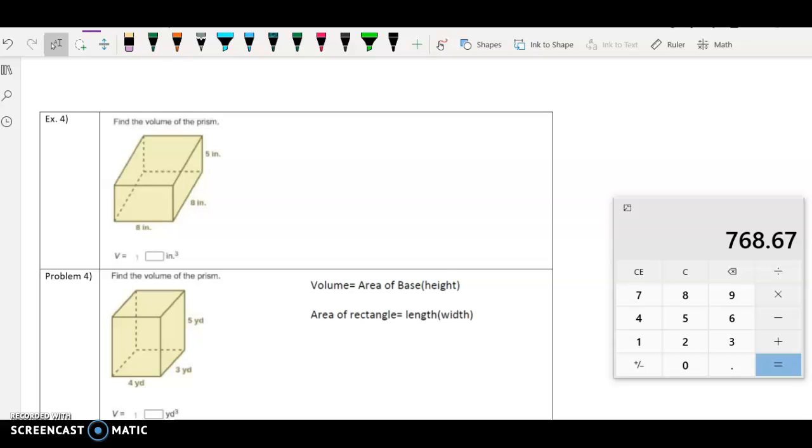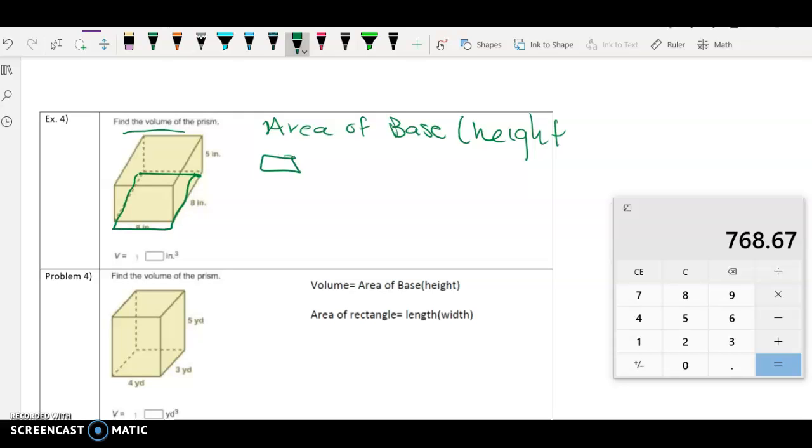Alright, so now we're trying to find the volume. The volume is taking the area of our base, which is just the bottom, times our height. So the area of our base, our bottom, is 8 times 8. Actually, I'm going to call this just base.